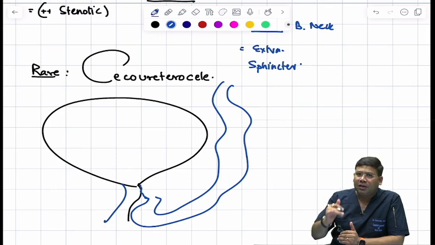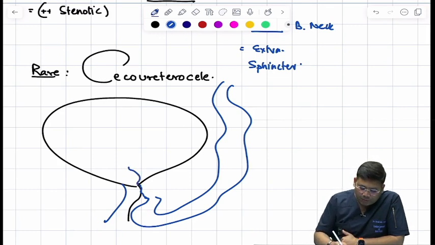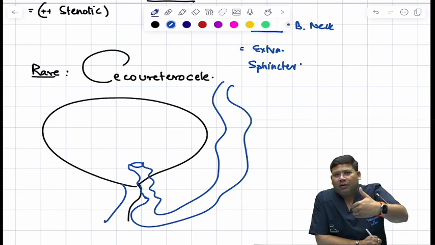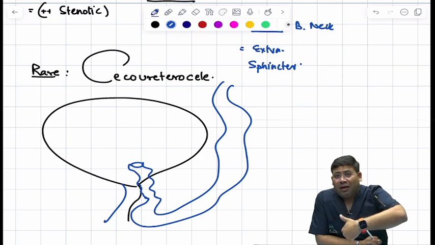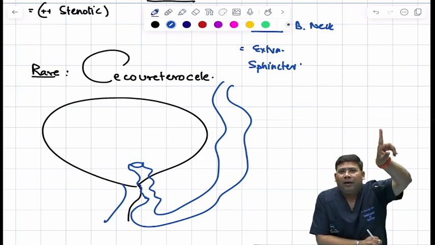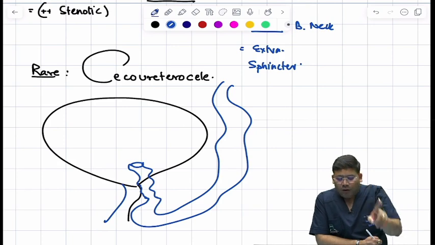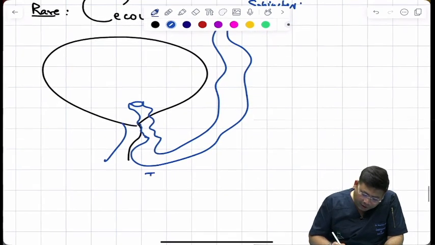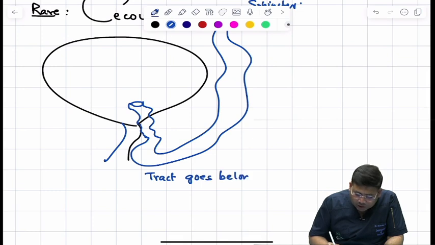Majority of the tract is below the bladder neck. It goes below, but still manages to enter into the bladder. Majority of the terminal portion of the ureterocele is below the bladder neck, but the final opening is inside the bladder. So you can say that the tract goes below the bladder neck.